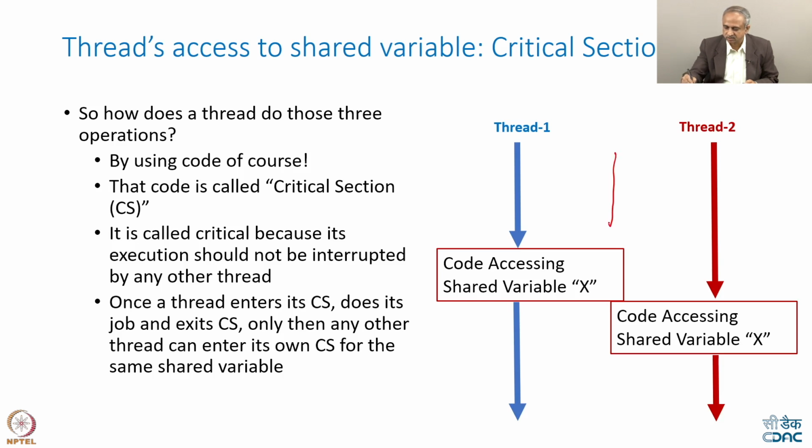So, if this is where the time is increasing, then first thread 1 gets exclusive access to the variable x. It does the operation that it wishes to perform, like increment, and at this point it exits the critical section. When it exits the critical section, that time is ripe for another thread to enter its own critical section. So, for this duration, no other thread will be able to access the variable x.